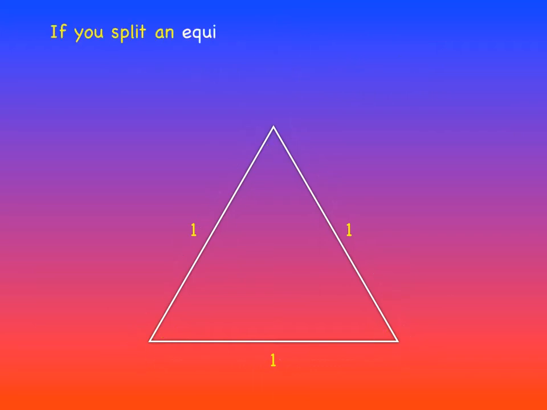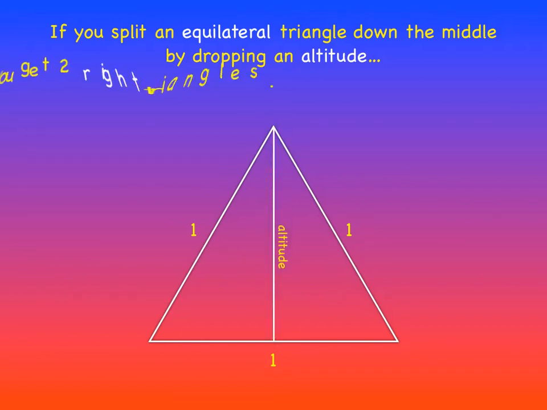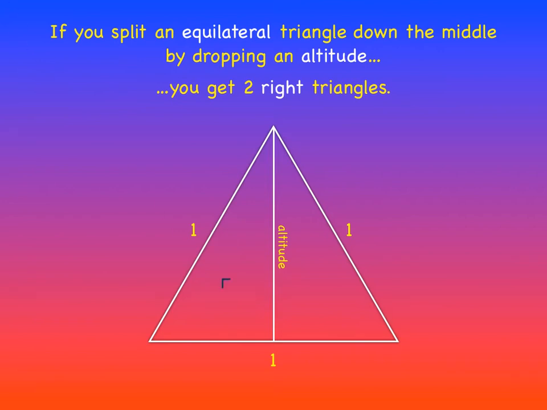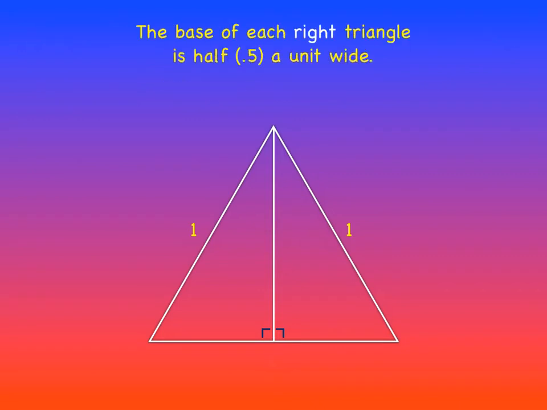If you split an equilateral triangle down the middle by dropping an altitude, you get, of course, 2 right triangles. The base of each right triangle is half a unit wide. We use the decimal form of half, 0.5 or 5/10, which is equivalent to a half.